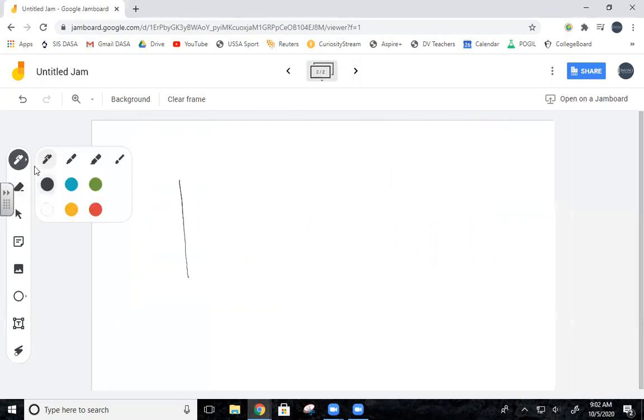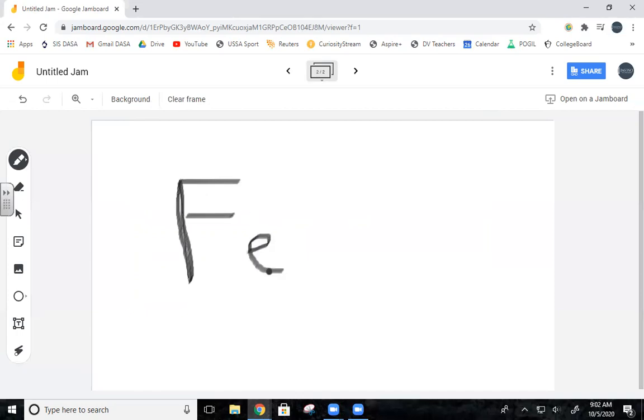I want this marker, it's a little bit thicker, easier to see. Iron is number 26.